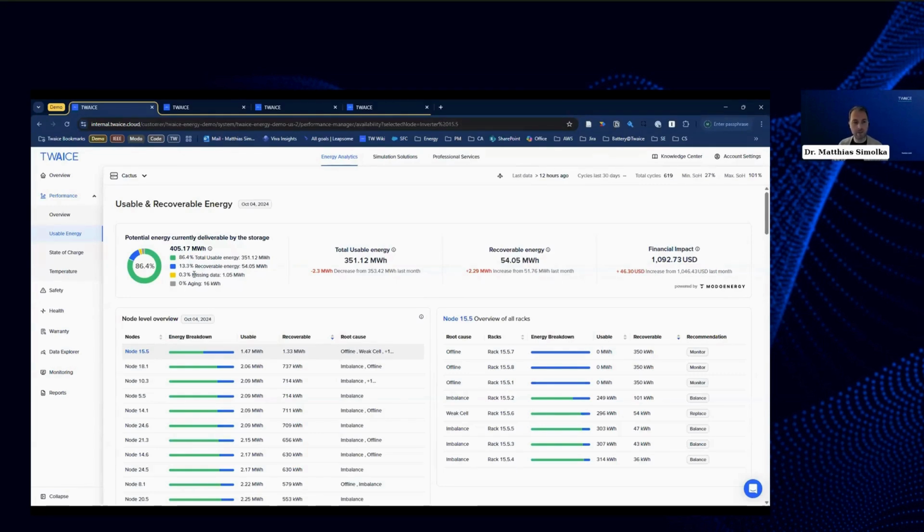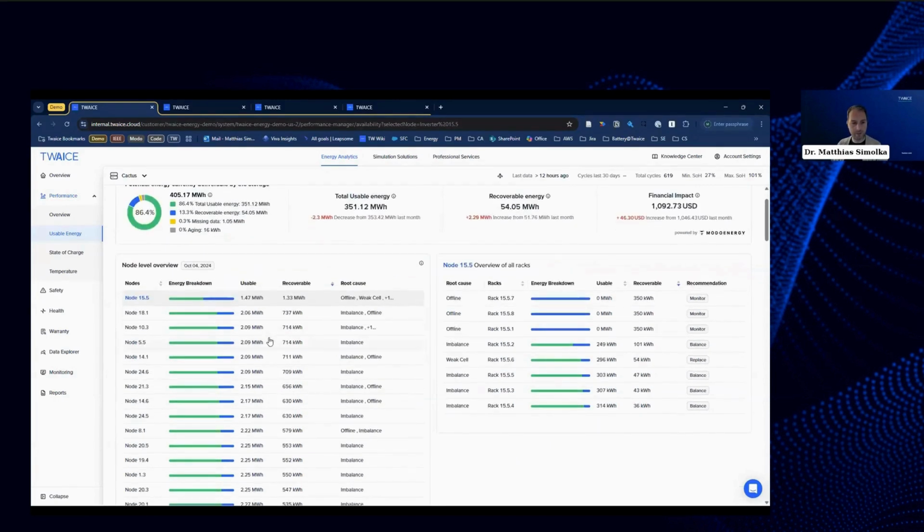You have some missing data because of data connection issues, and you have some negligible aging in this case. And so it becomes quite apparent: you want to have more than 400 megawatt hours to operate, you only have a bit more than 350, but you can recover a big part of the energy which is not accessible. So let's take a look at how you would do that.